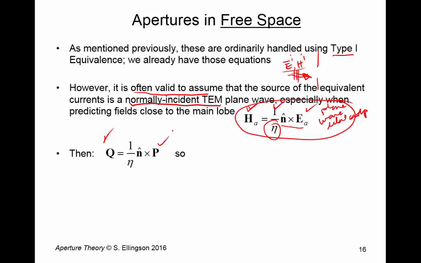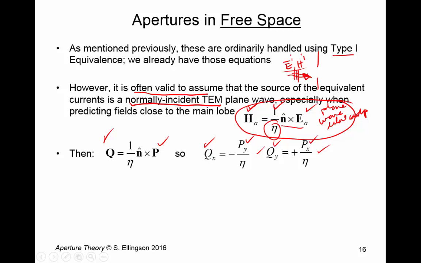All right, so once I see this, then I can immediately relate the x and y components of those two spatial Fourier transforms. For example, I can see that q_x, the x component of q, is related to the y component of p through this relationship. And similarly, the y component of q is related to the x component of p through this relationship.